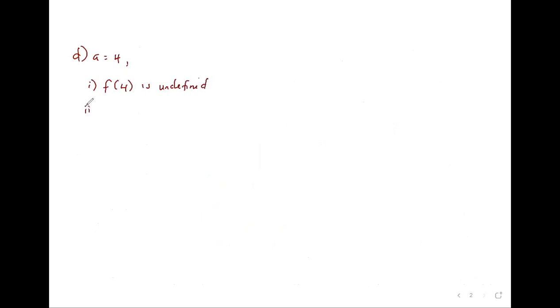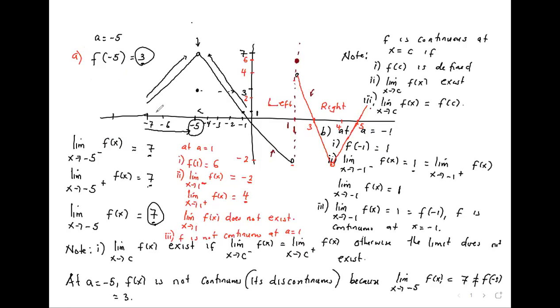Then 2, what about the limit as x goes to 4 from the left of f of x? You look at the graph from the left, and the same red line is going down to -2. And on the right, it's also coming down to -2.